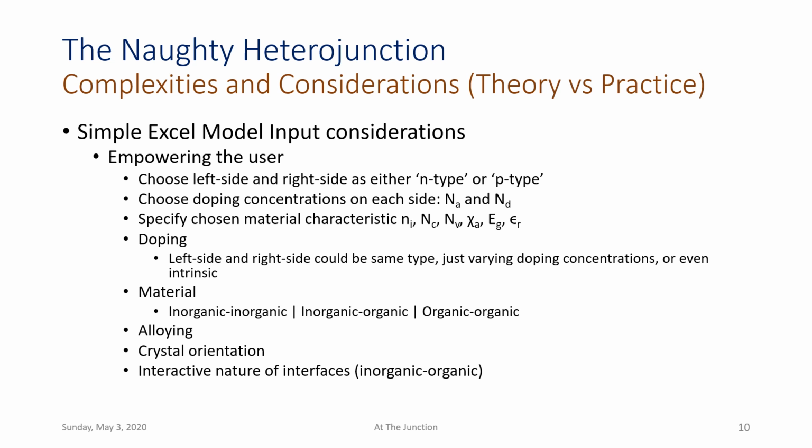And the materials could be both inorganic or both organic, and could be a combination of inorganic and organic. We would have to consider the effects of alloying, crystal orientation during growth, and the interactive nature of interfaces, particularly in inorganic and organic heterojunctions that we discussed in this presentation.